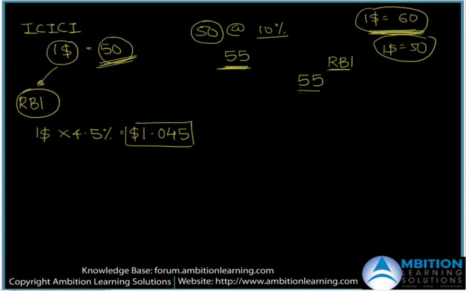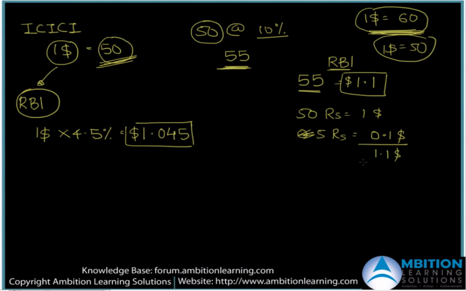And for the 55 rupees that I give RBI, RBI will give me $1.1. So 50 rupees will give me $1, and the remaining 5 rupees will give me another $0.1. So it will give me $1.1.